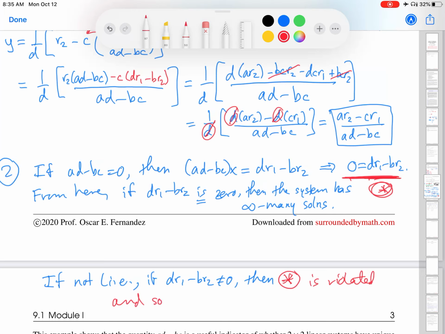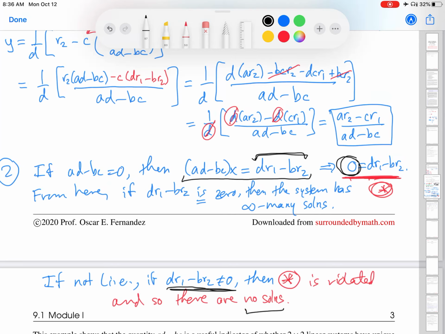And so there are no solutions. Okay, so that's what we were talking about a minute ago, that if I, in the course of doing my row operations, get to here, and the left-hand side is 0, but the right-hand side is not 0, then I will have 0 equals some non-zero number, right? Some non-zero number, which is not true. So there's no way that I can have a solution for the system in that setting.